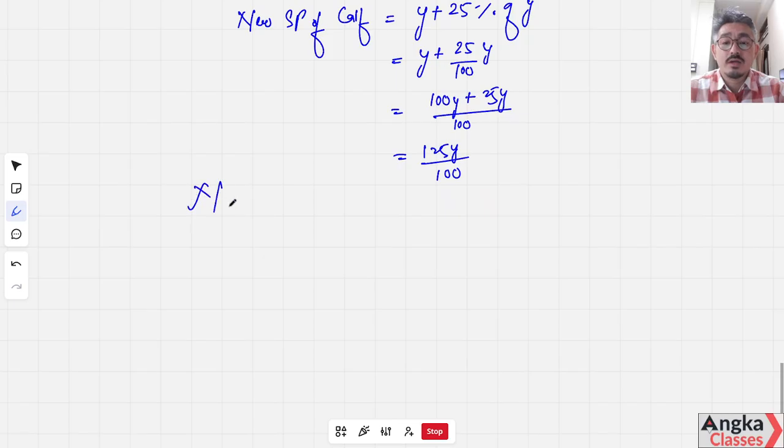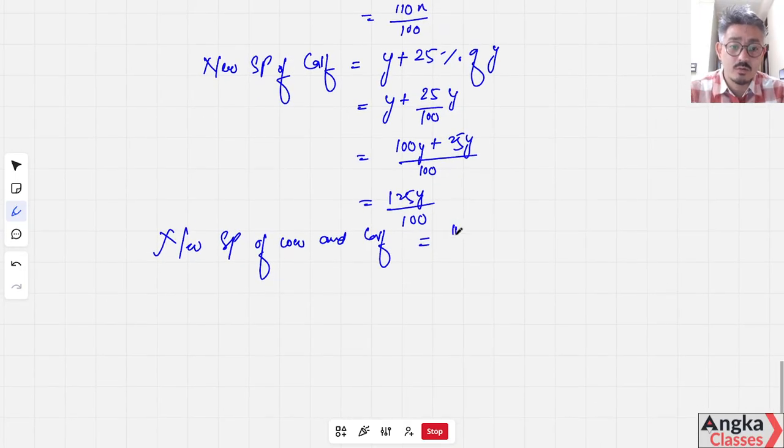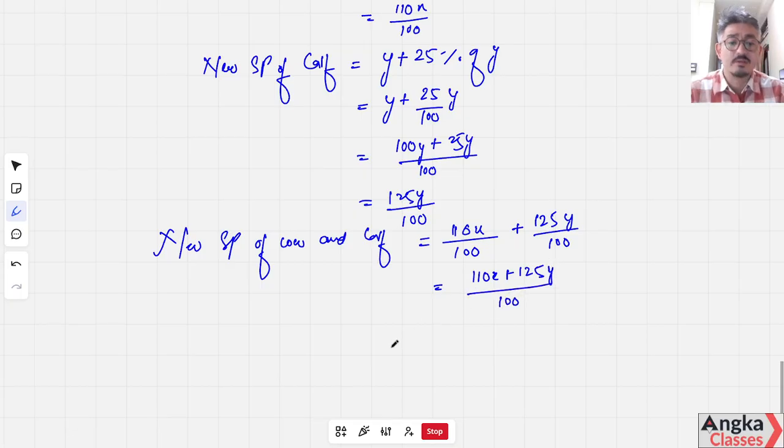Now the new selling price of cow and calf is 110x by 100 plus 125y by 100, which is equal to 110x plus 125y upon 100.